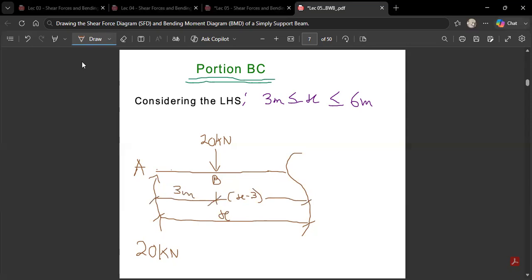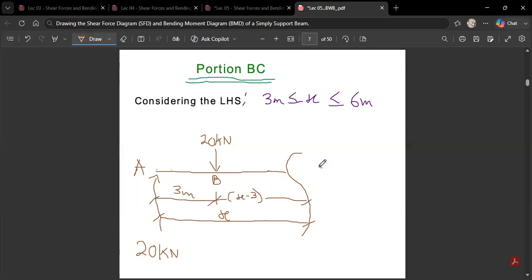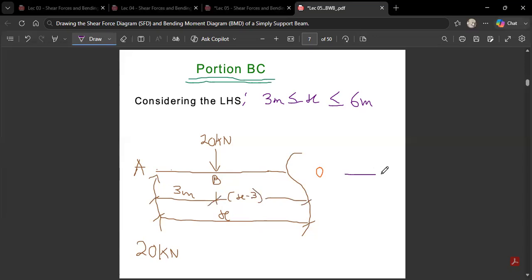This becomes your origin, which you are not supposed to forget. Anywhere there is a cut, there is an origin over there. And then you draw the rules that you are going to be using. The first one was moving towards this direction. The other one was moving downwards. And then you label it nicely. Then you can start from your shear force values. You come and do your bending moment values. And then you can go and take your last cut. Then you draw the diagram.